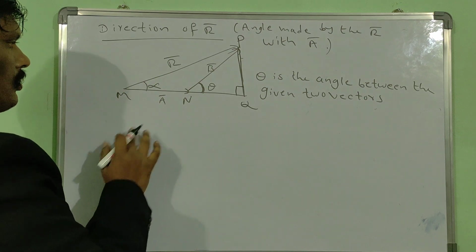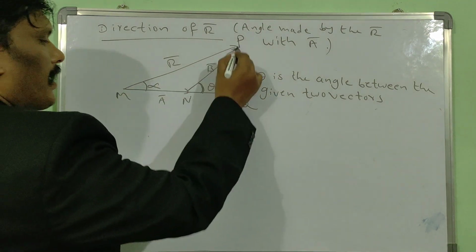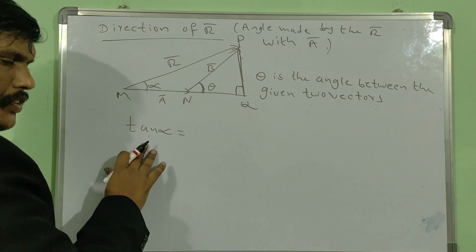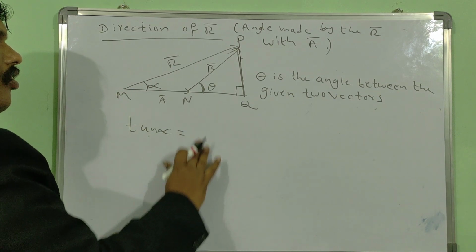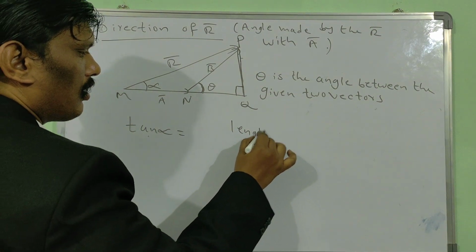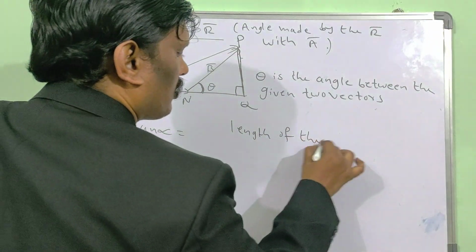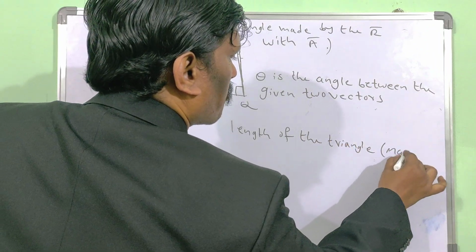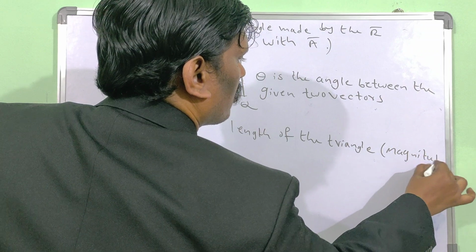Let us see. In this triangle, I am going to consider tan alpha. Tan alpha is a trigonometric ratio, so all the terms on the right side are lengths only, meaning magnitudes of vectors only.